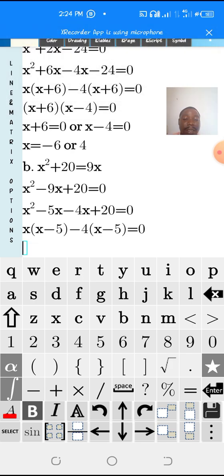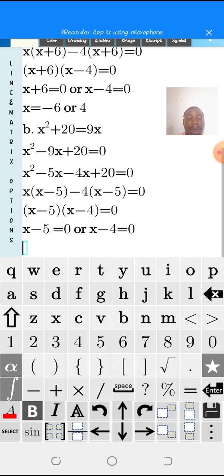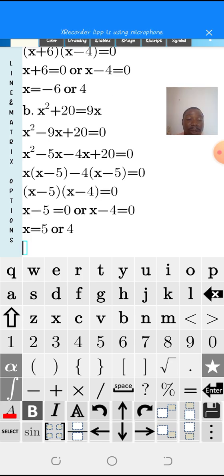So at this point, we have x minus 5 in both. Since they are the same, you pick one, and open bracket x minus 4 will be grouped together, equals 0. That means either x minus 5 equals 0, or x minus 4 equals 0. So it's either x equals 5 or 4 at this point. That becomes the solution to that.